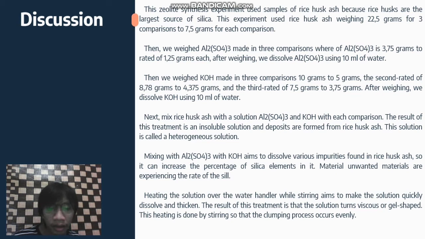Next, heating the solution over the water bath with stirring aims to make the solution quickly dissolve and thicken. The result of this treatment is that the solution turns viscous or gel-shaped. This heating is done with stirring so that the thickening process occurs evenly.